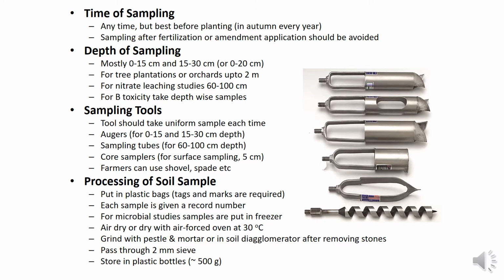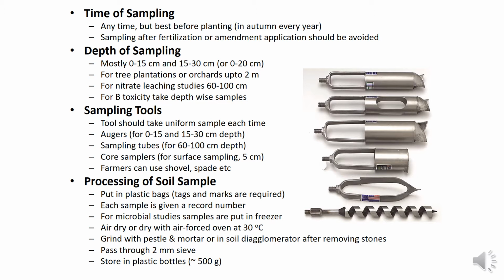The normal depths are mostly 0 to 15 centimeter and 15 to 30 centimeter, and 0 to 20 centimeter is the plough layer depth. For crop land or fields, samples can be taken from 0 to 15 centimeter depth.